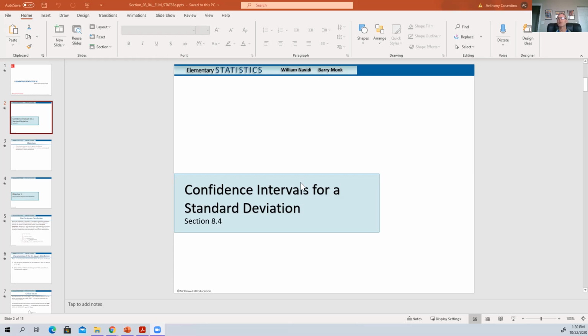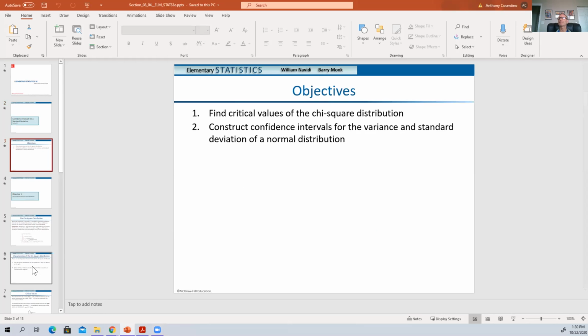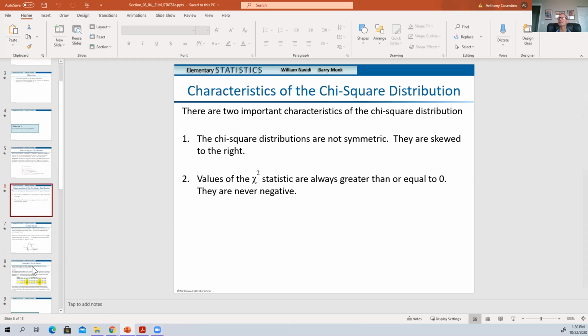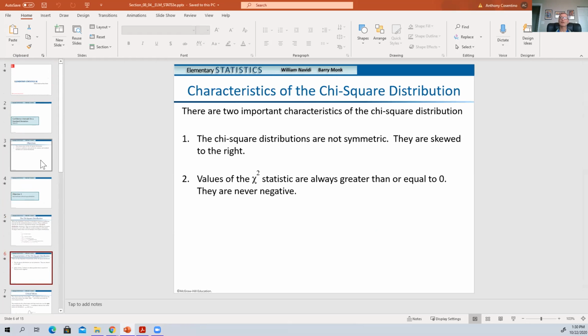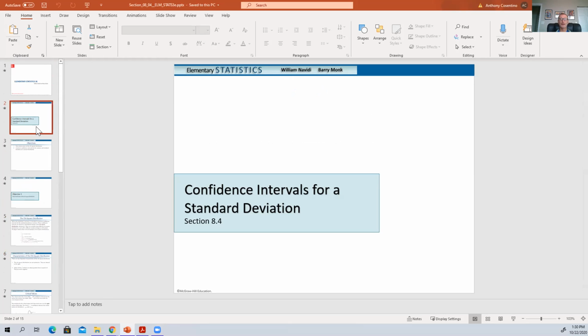So there's a real strict criteria when you do this calculation. I couldn't find the right slide, sorry, so let me just tell you.